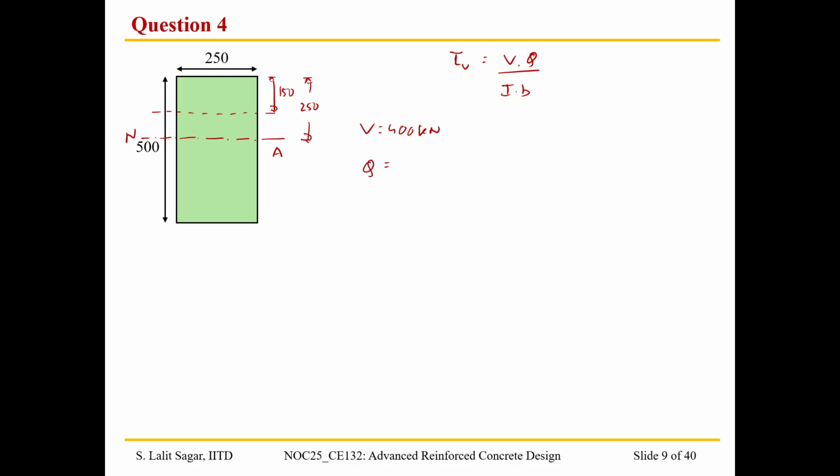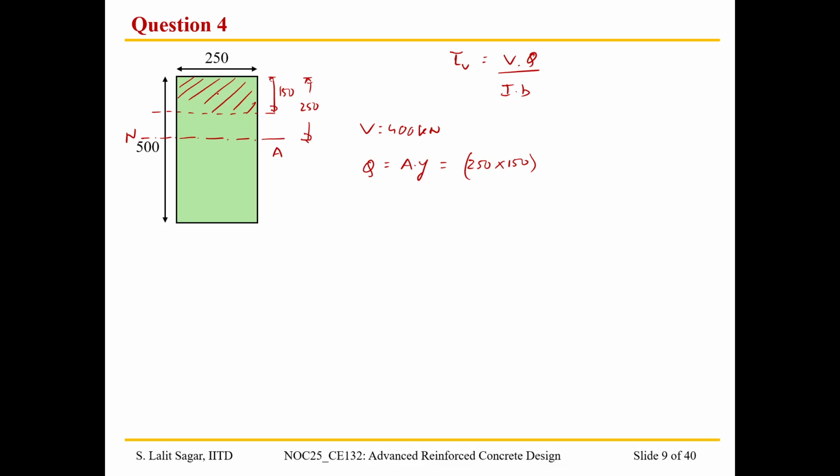Q is, we need to determine the moment of the area about the axis considered. So we need to consider the moment about this axis. That gives us area into the centroid of this shaded region. That is, area is 250 by 150, into, we need to consider moment of this area about this axis.